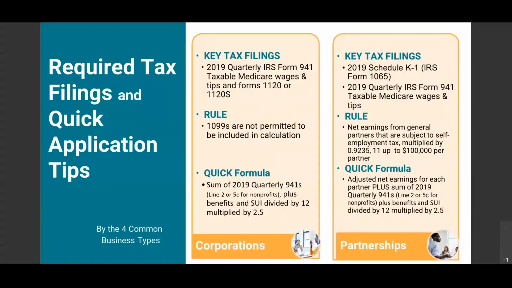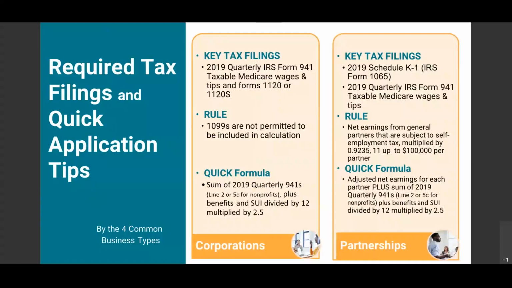In fact, employees that receive 1099s can actually apply for a PPP loan themselves individually, and they would go through a similar process as the sole proprietor. And then the quick formula is the same formula. It doesn't change. You're using your 941s plus the benefits plus your state employment, divided by 12 and then multiplied by 2.5.